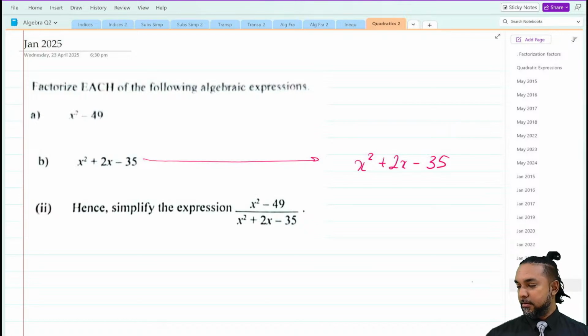Or the signs? But yeah, the signs. Yeah, correct. Correct. Yeah, sure.